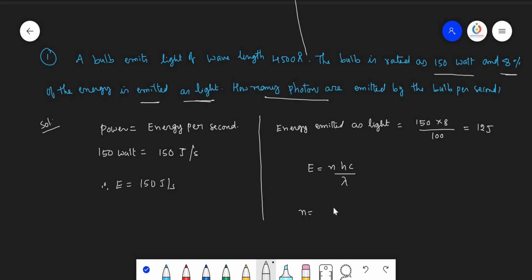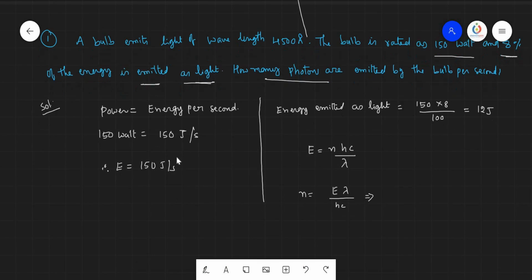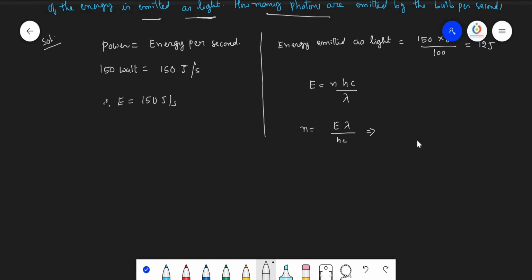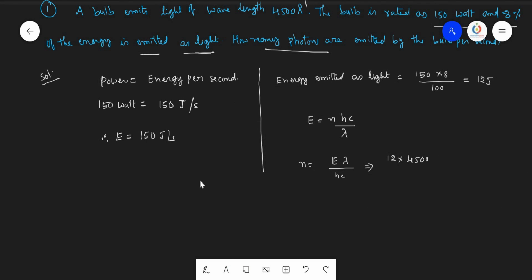So, N equals E lambda divided by H into C. Let us try to substitute all these data here. So, that equals 12 into 4500 angstroms. This is the wavelength, 4500 angstroms.